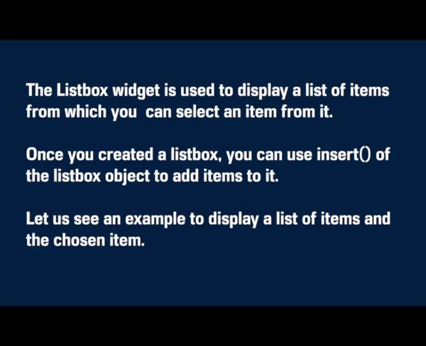The list box widget is used to display a list of items from which we can select an item. Once you have created a list box, you can insert into the list box object and add items to it. Let us see an example to display a list of objects and the chosen item.